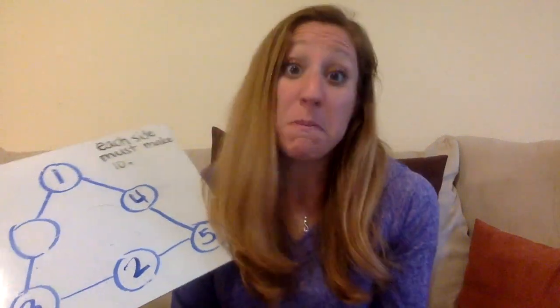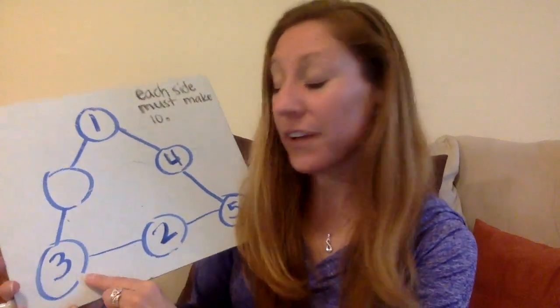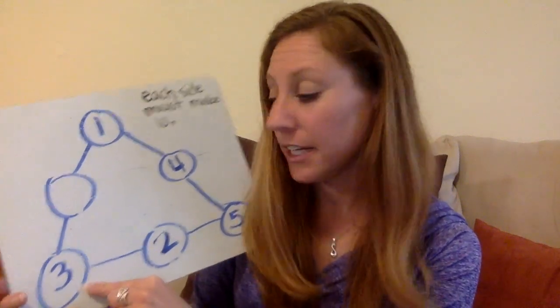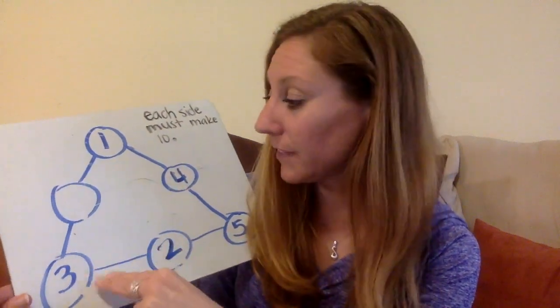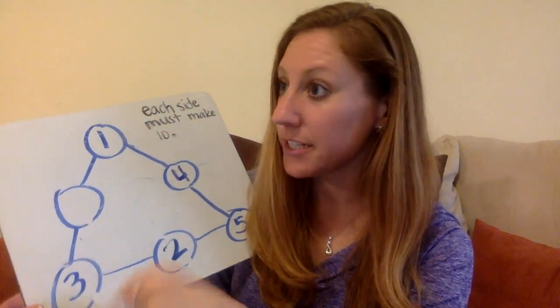So here, if I use that strategy, which is a bunch of different ways you could figure this out. So if I have 3, I know I need 7 more to make 10. So I have 3. I need 7 to make 10. That's my partner. So I have a 1. So 3 and 7 make 10, but I have 1 here.